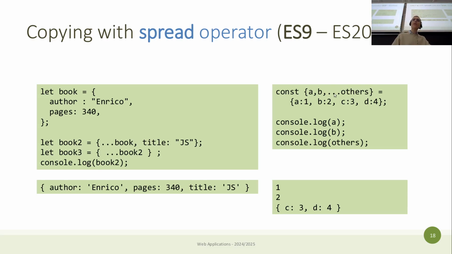So you can also have partial properties, I mean the remaining properties in a single variable that will actually be a reference to a new object with only those properties. Here we have four properties. We would like to extract the first two, and the remaining ones will go to others.